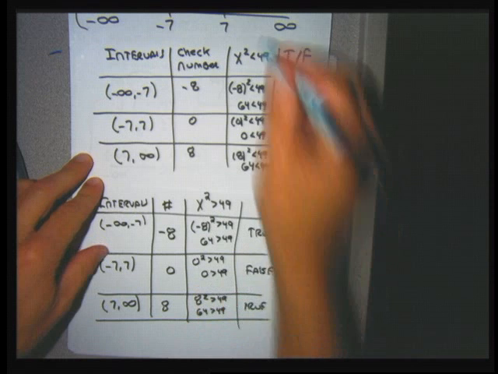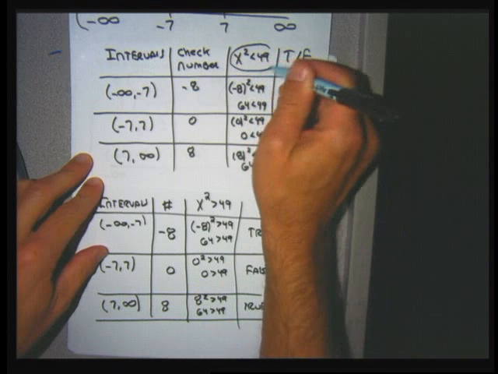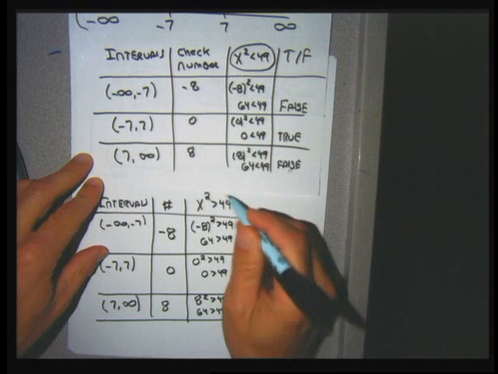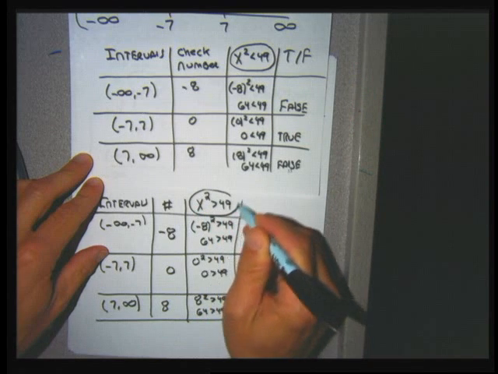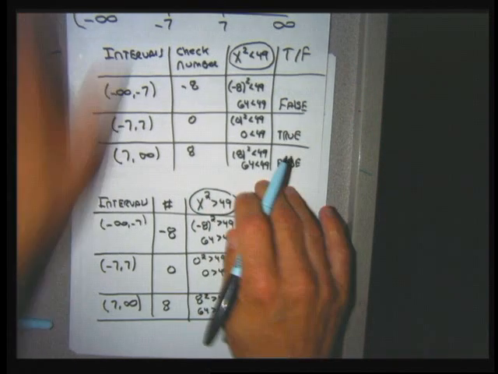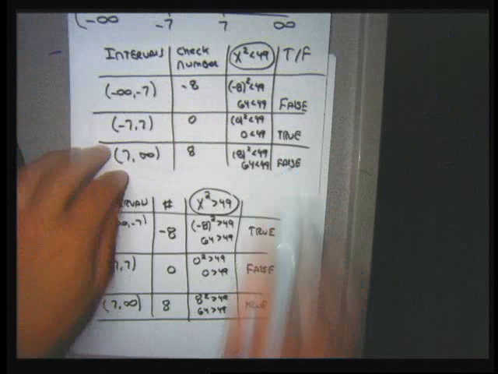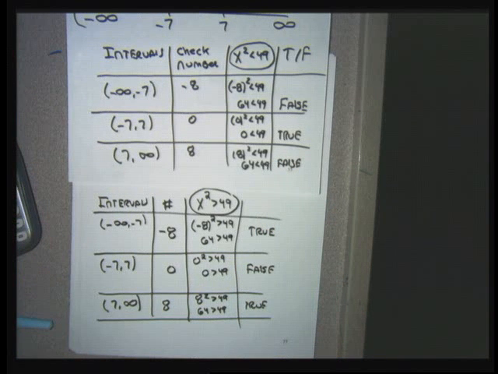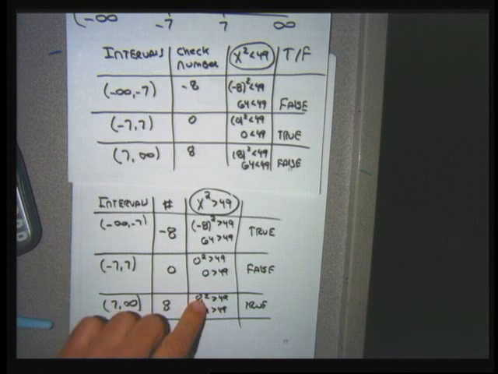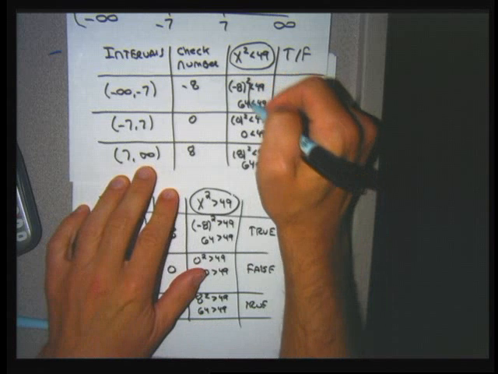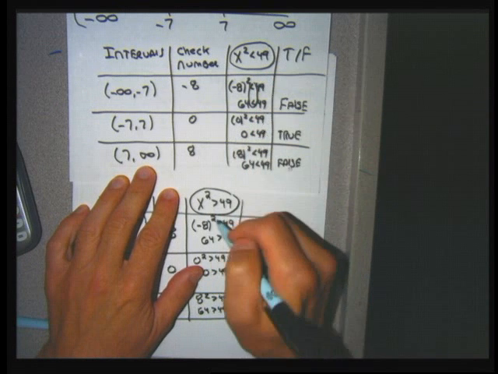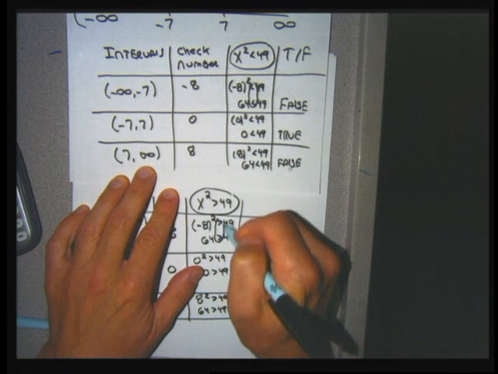The big difference is here I have problem 6 with a less than. Here I have problem 50 with the greater than. Now the less thans get replaced by the greater thans.